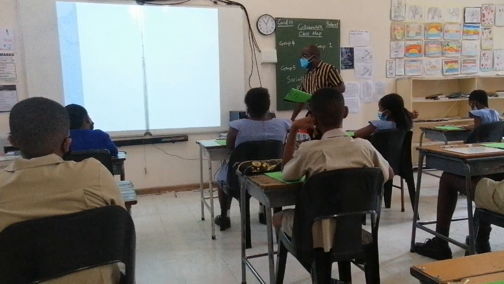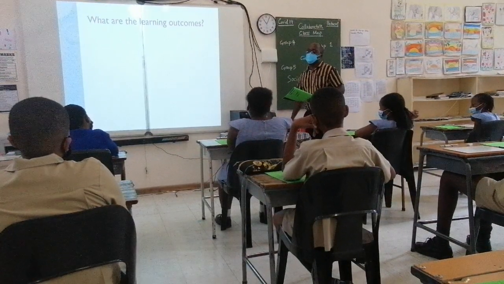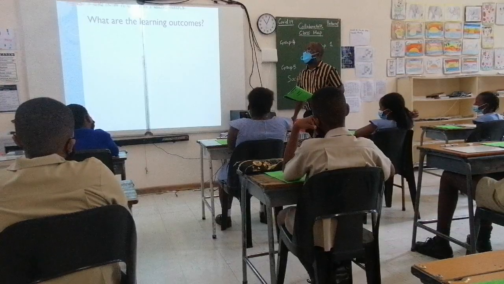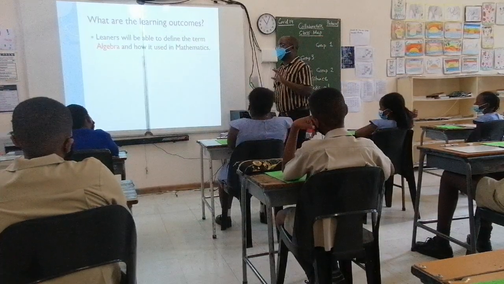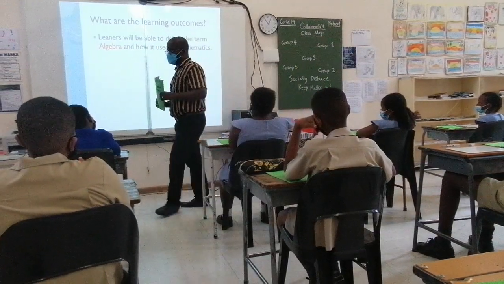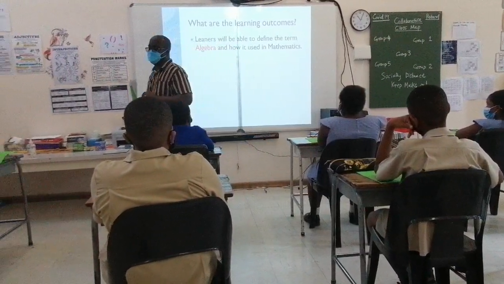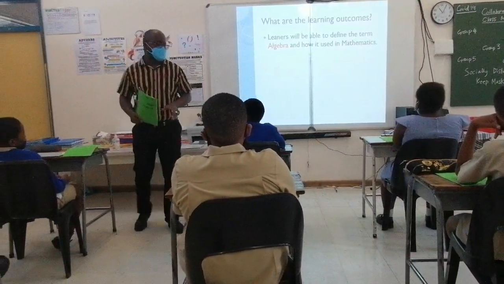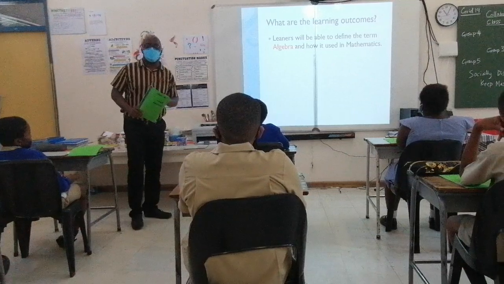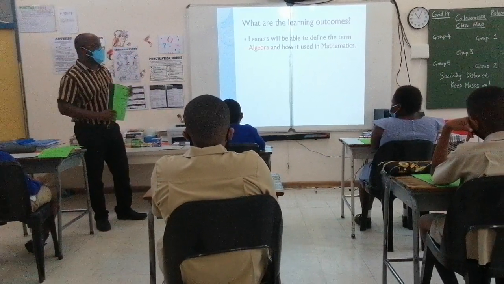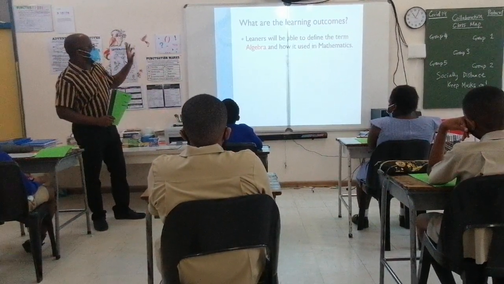Now as I said, we want to talk about the learning outcomes. I'm going to ask one of you to explain what you understand about each learning outcome. Let's read it together. The first learning outcome, let's go.